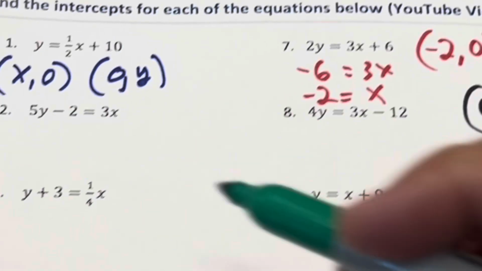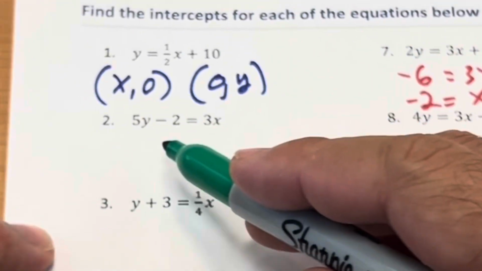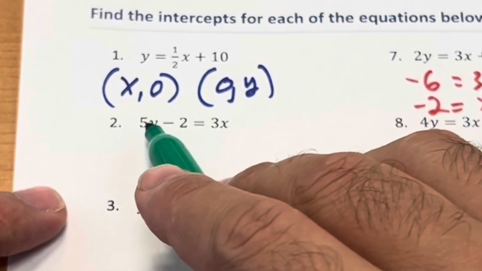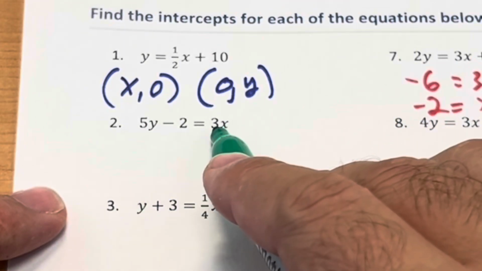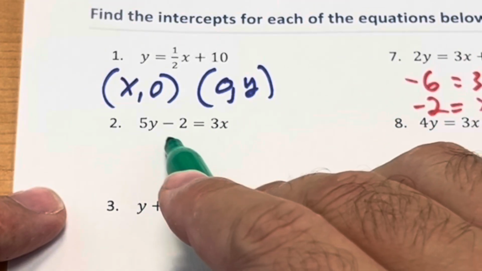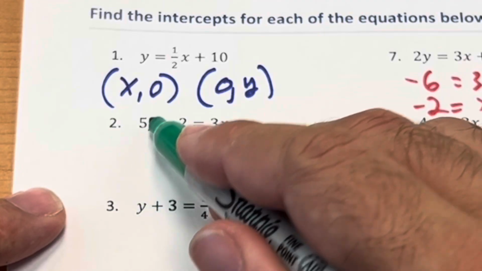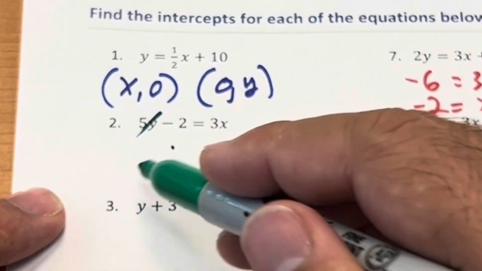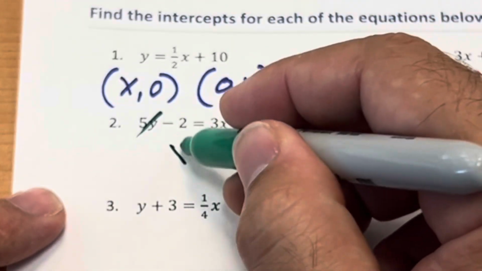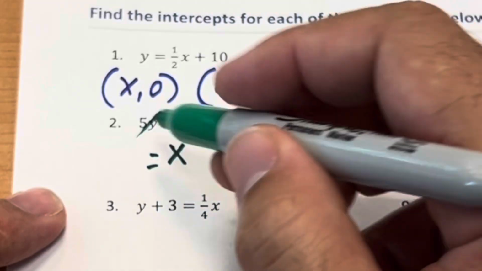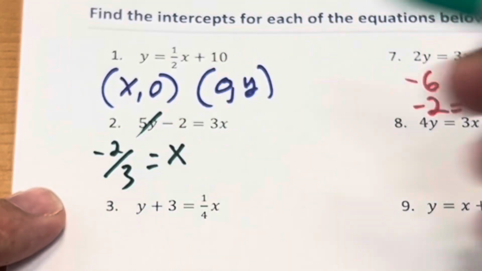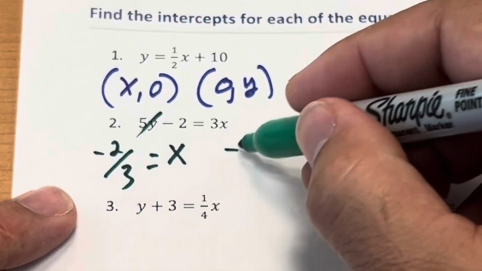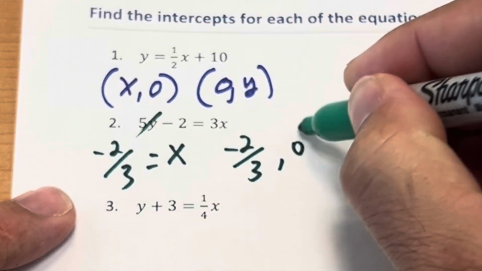Okay, let's do this one here. If I give 0 to y, the 3 multiplying x goes dividing. If y is 0, all this is 0, and x is minus 2 over 3. So the x-intercept will be minus 2 over 3 comma 0.